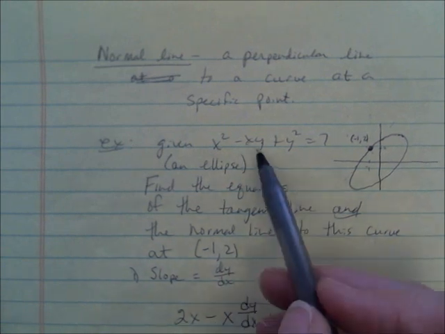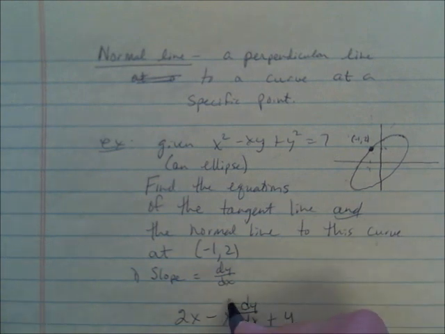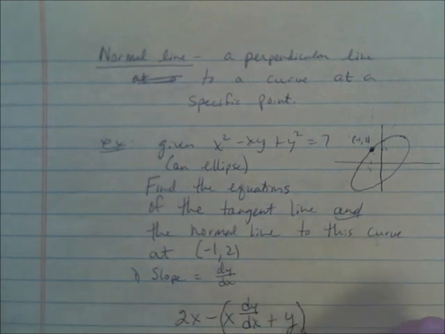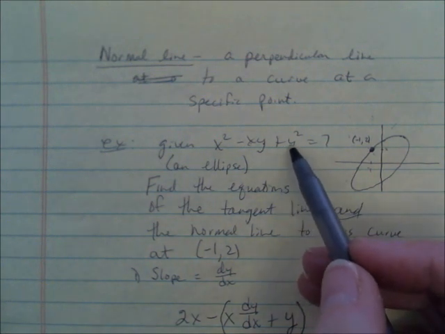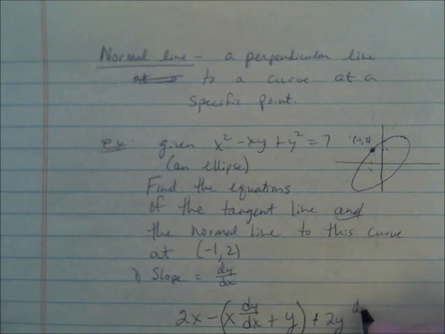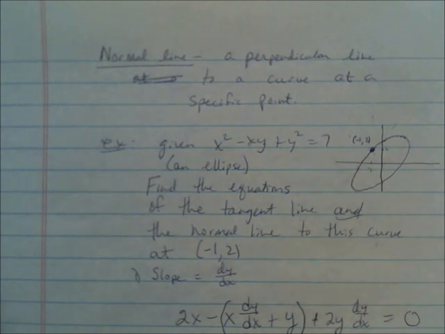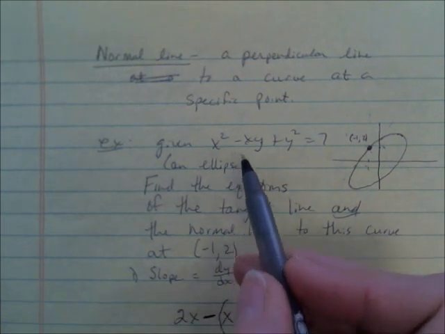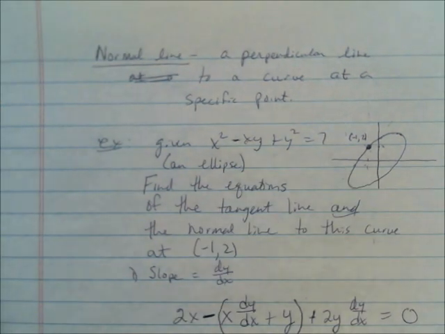That's the product rule for the term negative xy. I need to put this in parentheses. Then the derivative of y squared is 2y dy/dx, and the derivative of 7 is 0. Notice the important parentheses, because when you subtract, you have to subtract the whole product rule.